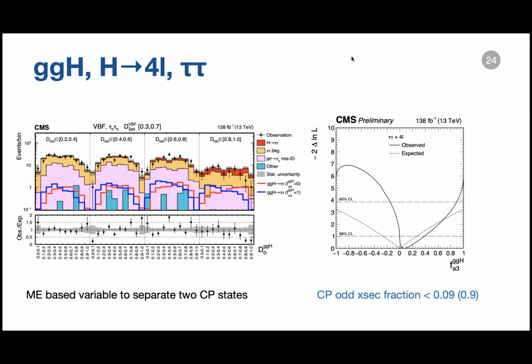Yeah, thanks. But it should be possible to combine, say, the TTH and the Higgs to tau. Actually, because TTH concerns the Higgs top coupling and tau is the Higgs tau coupling, it doesn't have to be the same mixture.